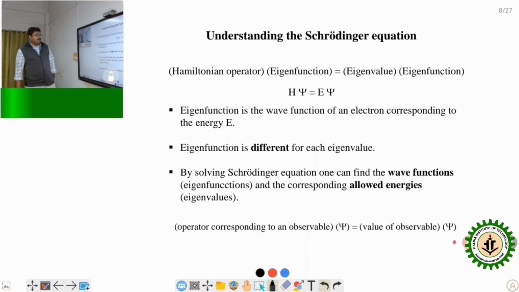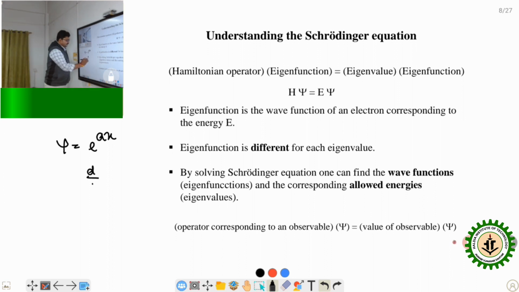In exams we used to give, let's say, examine whether psi is equal to e to the power ax is an eigenfunction or not, if I give you the operator d/dx.